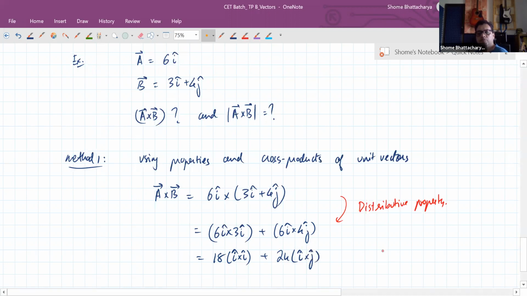Now from above what we have learned, you can see that i cap cross i cap will be 0, because any vector cross product with itself is 0, whereas i cross j we had learned earlier is positive of k cap. So what my final answer is coming out to be is 24 k cap. So this is the vector A cross B.